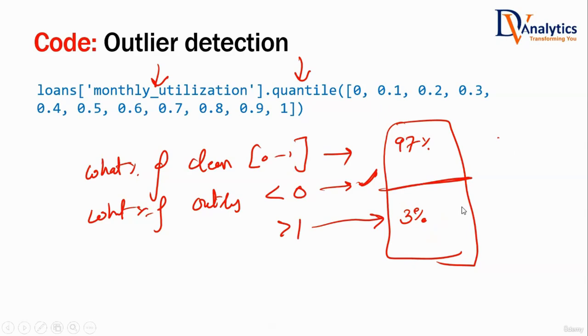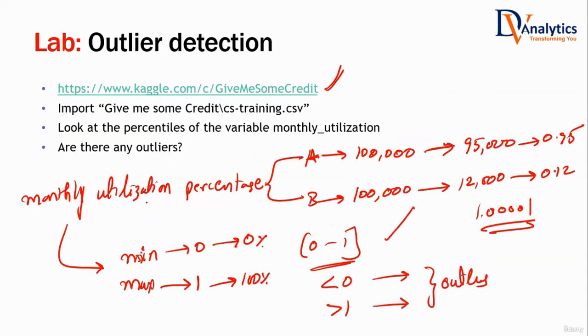Sir, I have a question. Yeah, please go ahead. This data which is coming, is it in percentage or is it a value? How will we know which variable that is? It depends on the variable. Which variable is this? Monthly utilization percentage, right? Without seeing the data, how will we know? I have explained the whole data to you.